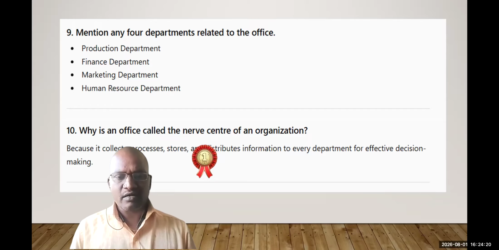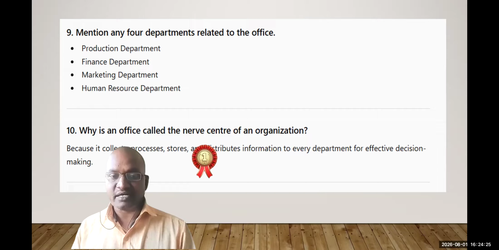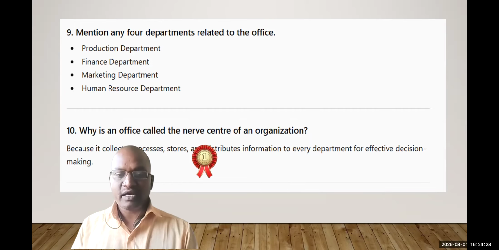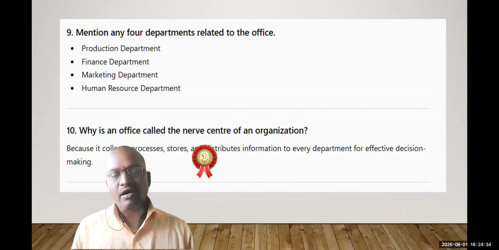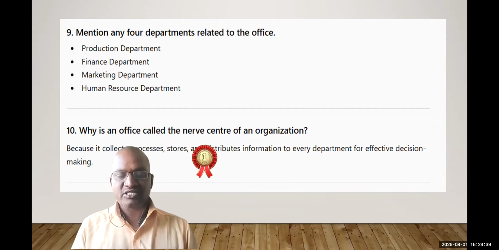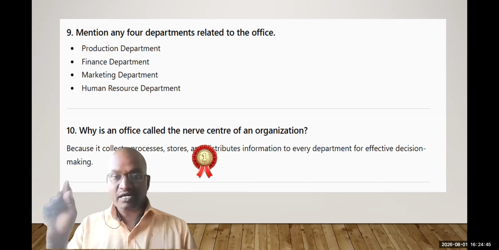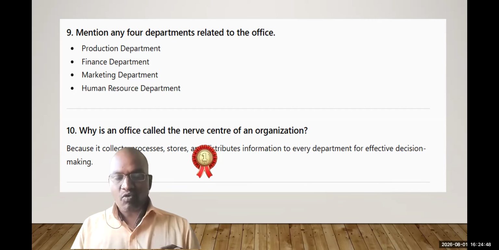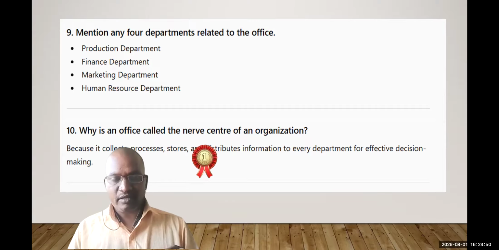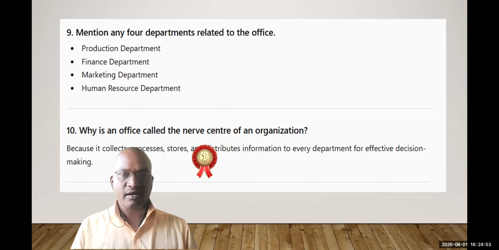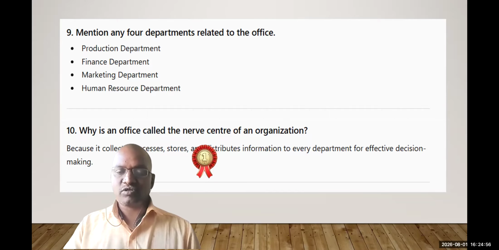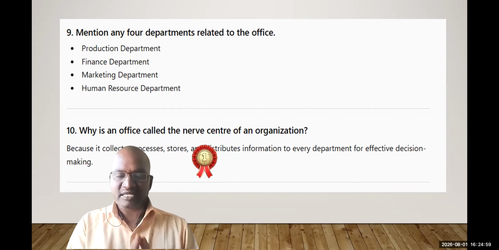Why is an office called the nerve center of an organization? Nerve center means a main center that connects with all parts of the human body. In the same way, nerve center of an organization means the office will connect all the departments. If one department needs data, it cannot contact the other department directly, because the office is the center point.